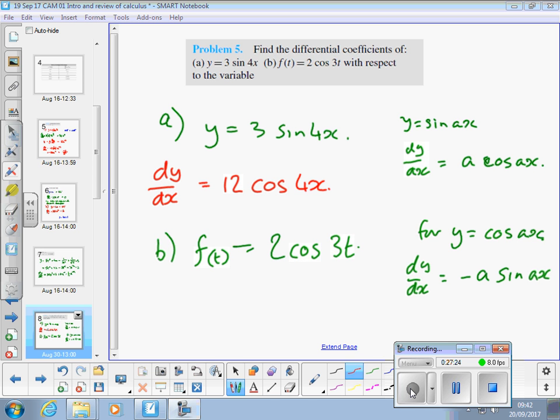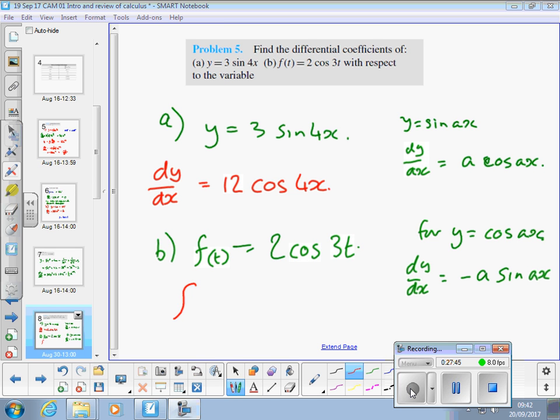So that inside the sine function stays there. Constant in front of it comes out. Okay. If I use the function notation f like this, how do I designate the first derivative?